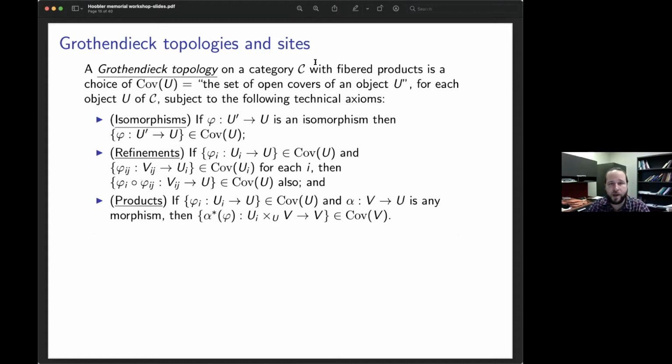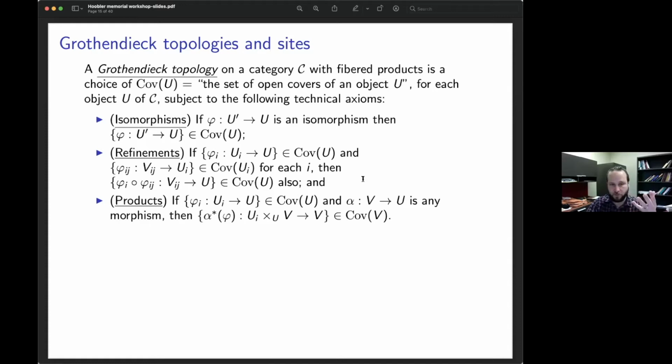I give you a category. I need it to have fiber products, whatever that means. It's something that behaves like intersections of opens, and a Grothendieck topology on that category is, for each object U, I need to tell you what it means for a bunch of objects mapping to U to constitute an open cover of that U.